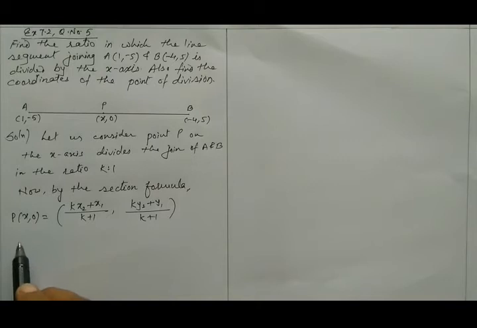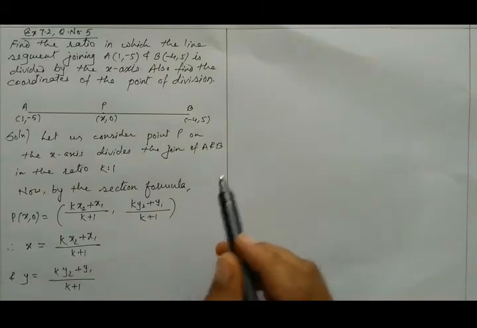Therefore x is equal to (kx2 + x1) upon (k + 1), and y is equal to (ky2 + y1) upon (k + 1).